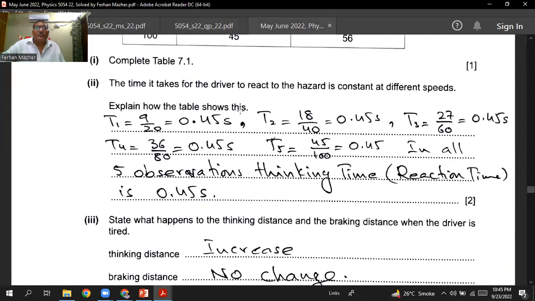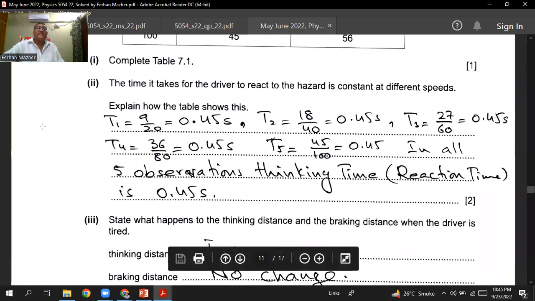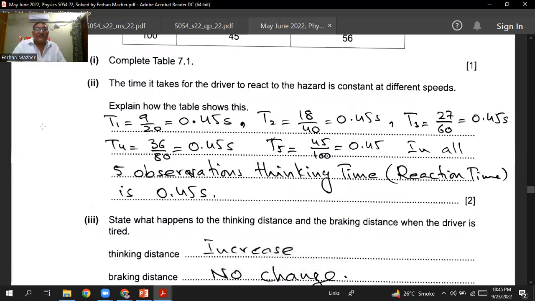So let me show you here. My argument is that the thinking time for the first situation, 9 by 20, will be 0.45 seconds. In the second situation, it is 18 divided by 40, and it will be 0.45 seconds. In the third situation, the thinking distance is 27 and the speed is 60.